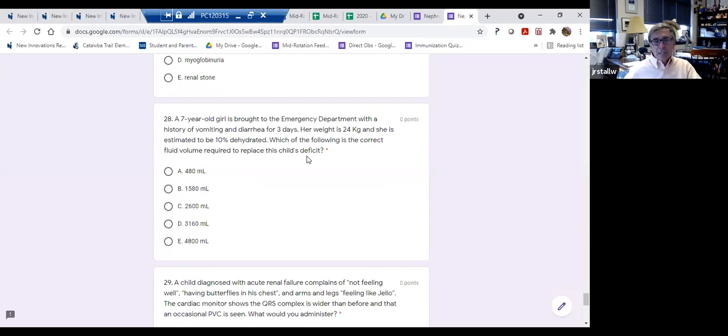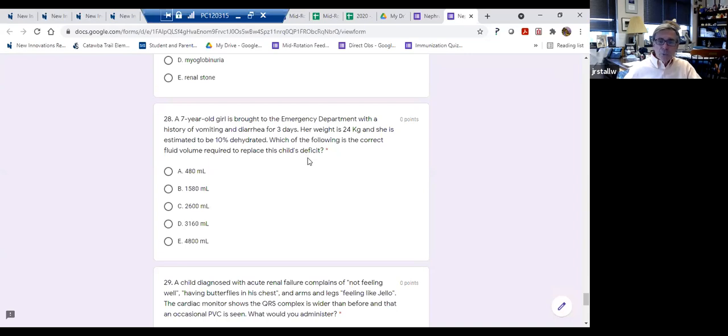So you can do the math and figure it out for yourself. We can go over it later if we have time. Anybody that doesn't know the math, ask one of your peers. But the answer is C, 2,600. Look in your handbook, just walk through how you get a deficit of a 24 kg child who's 10% dehydrated. It'll be roughly 2,600.